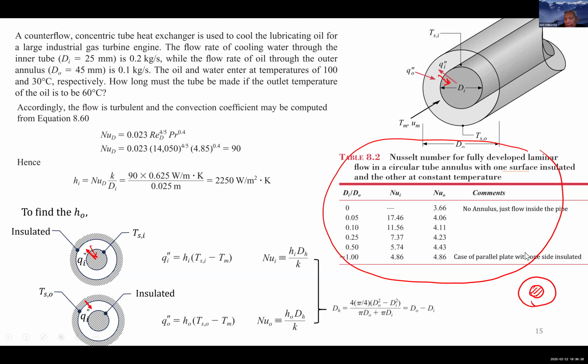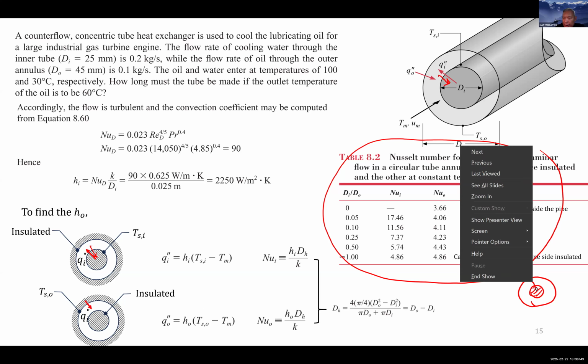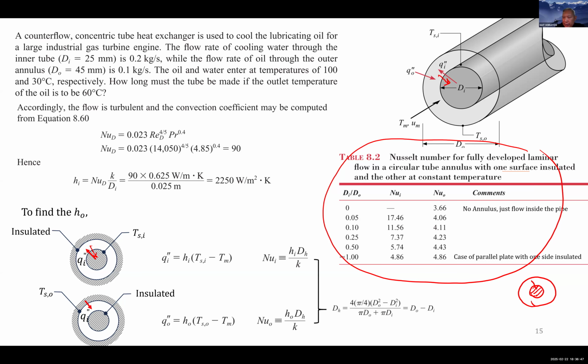Okay, and they have a table for it, but this table is supposed to be used for two categories of the heat transfer. One category is the heat transfer interaction between the flow and this surface, whether in the out.